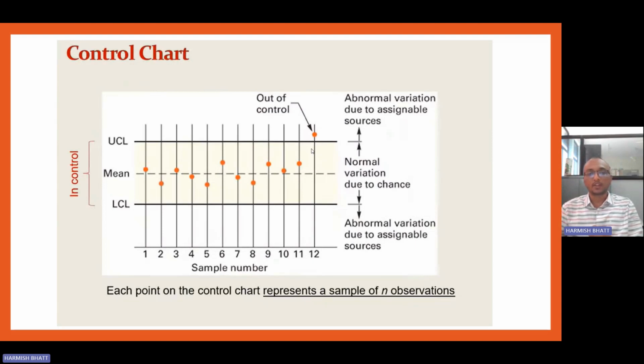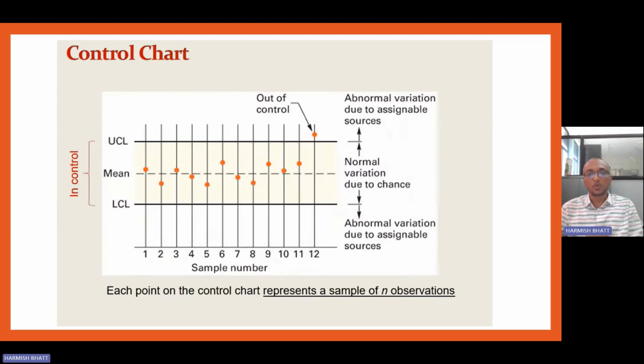Then it will be checked whether all the data points, or all the mean points, are available between LCL, the lower control limit, and UCL, the upper control limit. Ideally, when the process is under control, all these mean value points will be available between the limits of LCL and UCL.